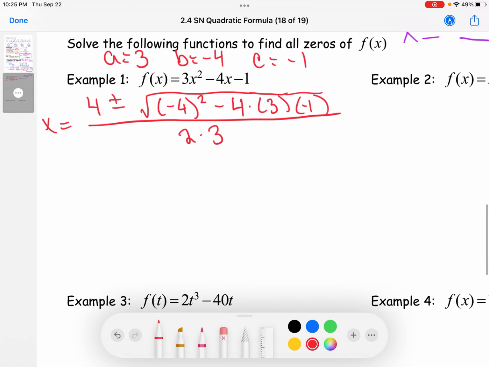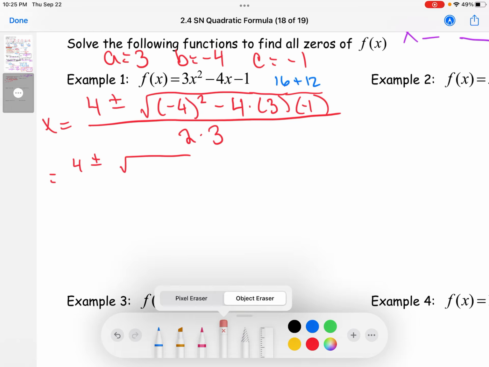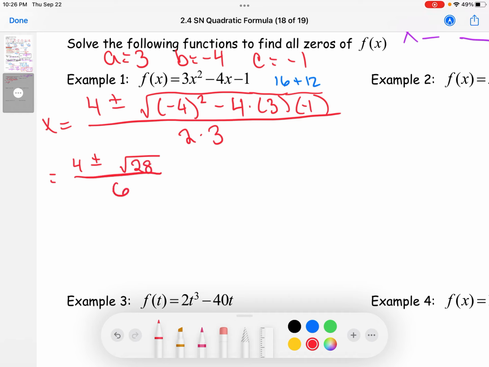Okay, so simplifying this, 4 plus or minus the square root of 4 all squared is 16, minus a minus is plus 12. So that's going to be the square root of 28. 16 plus 12, 28, all over 6.